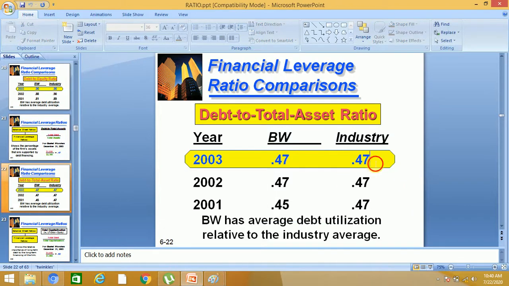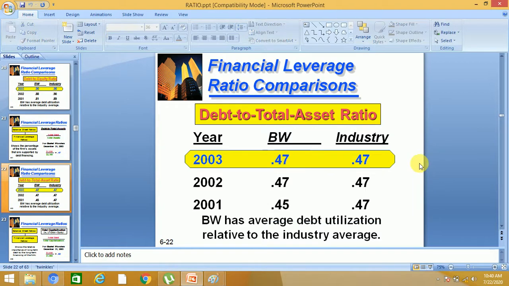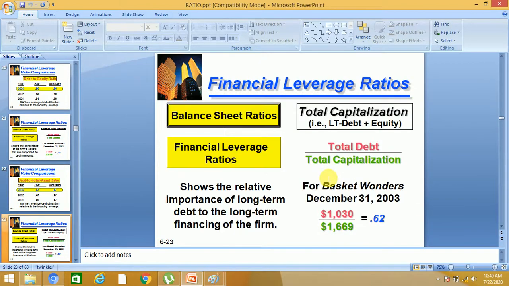The industry on average used 47% debt financing, and our company is also using 47% debt financing. Now I told you that taking debt is good or bad. When you check the profitability, then you will get the actual result. Now let's check the profitability.